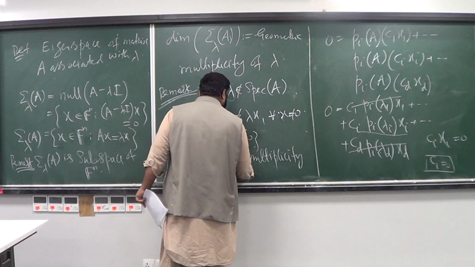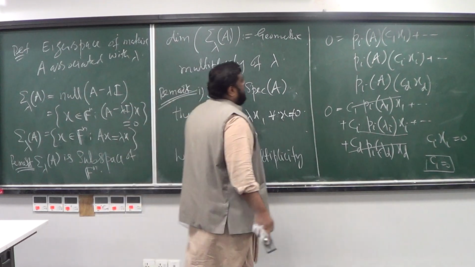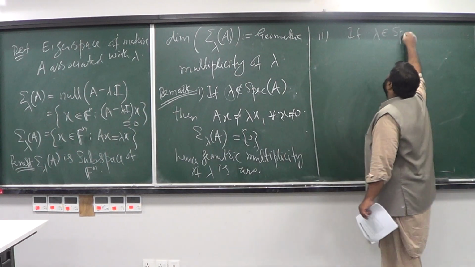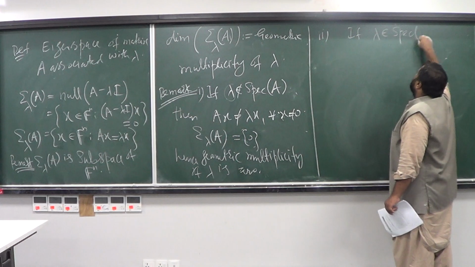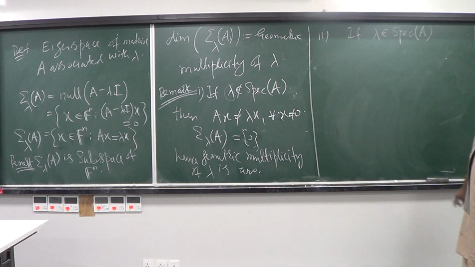Now suppose lambda is indeed in the spectrum of the matrix A. In other words, it's an eigenvalue of the matrix A.